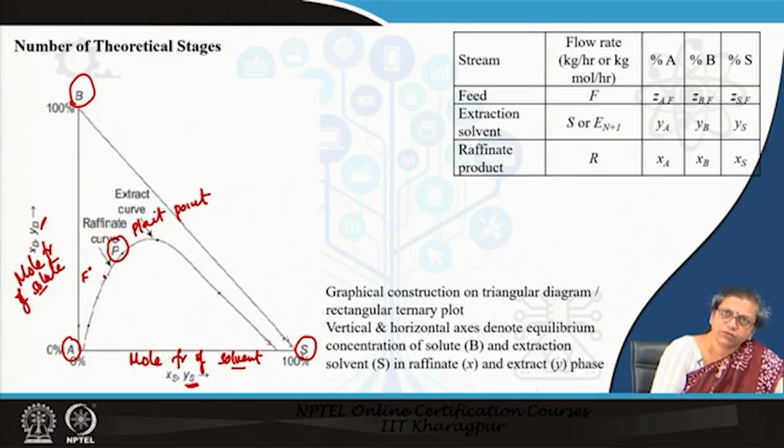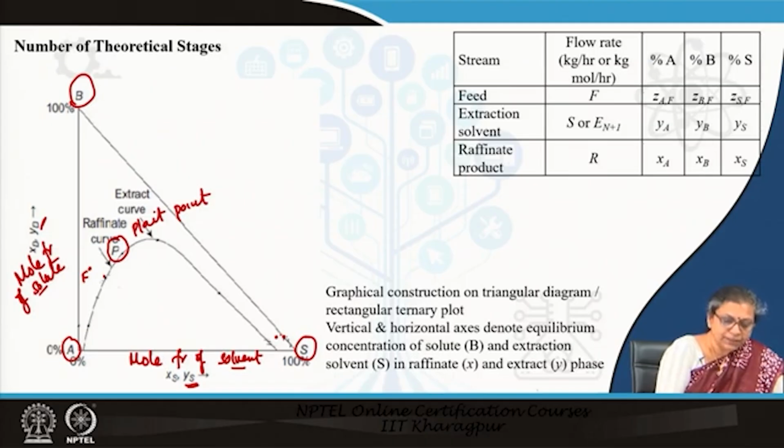Whatever small amount of B is there in S, we can neglect it. If we can neglect it, then we can assume that the solvent is 100% pure, or in other words, the solvent point is this particular point. For most of the cases, the solvent point will be somewhere here, or if suppose it does not contain A, but it contains B, then it can be somewhere here also. So, we can locate the solvent point as well.